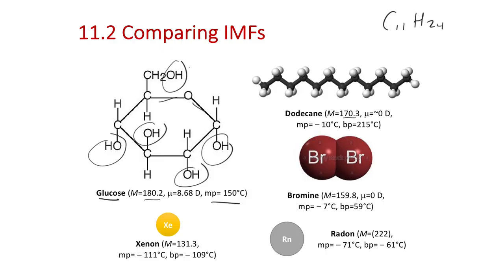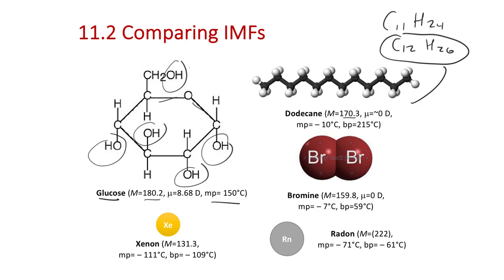Is that the right molar mass? This is supposed to be the C12. Sorry, so this would be the C12H26 isomer. So C12H26, does that make sense? That's 12 times 12 plus 26. Yeah, that's 170. So this is the formula of dodecane here.